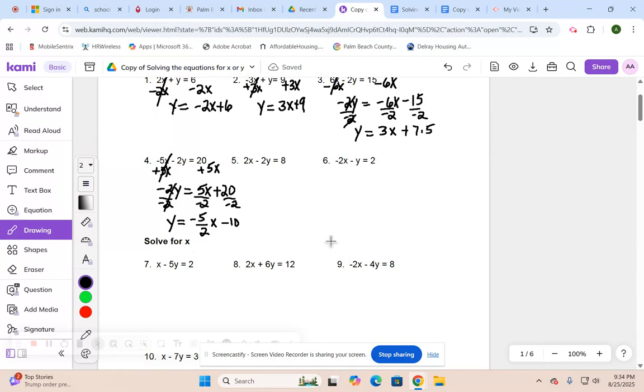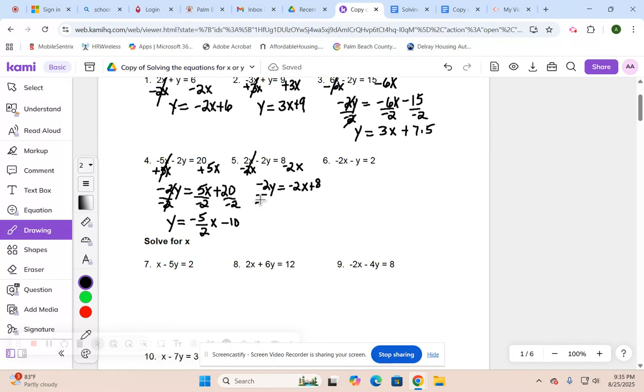All right, let's look at the next one. We're going to eliminate the x term from both sides. So we're going to subtract 2x from both sides. We'll have minus 2y on this side equals negative 2x plus 8. We're not finished because we have to solve completely for y.